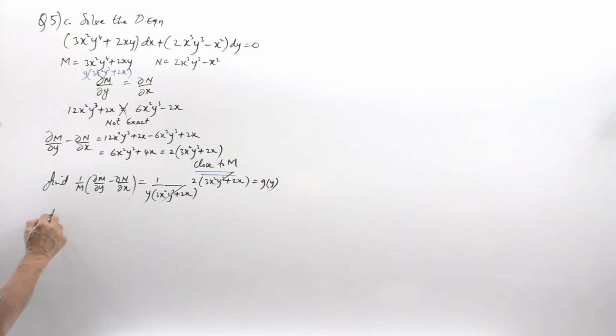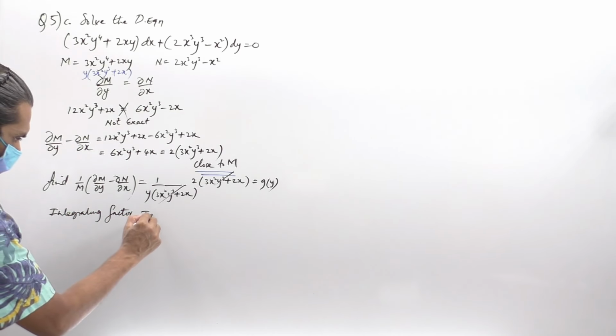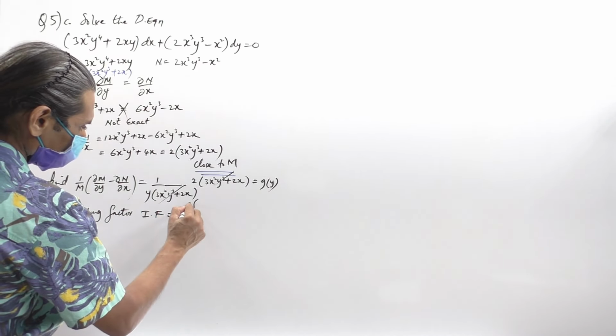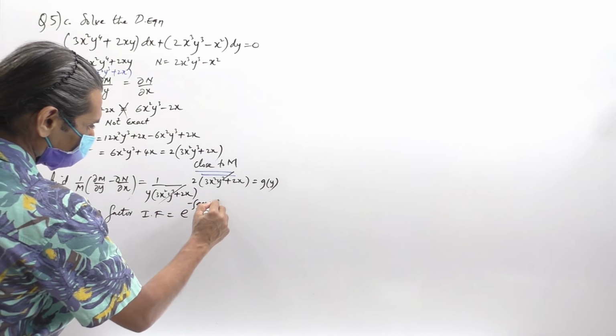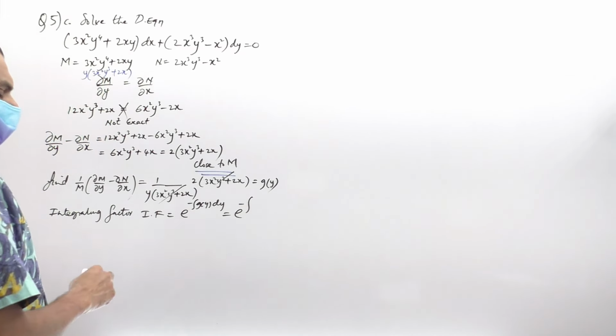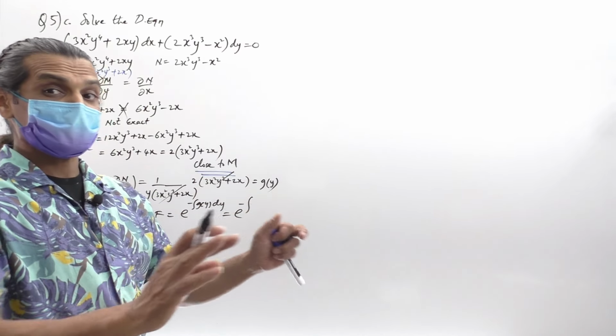That means here the integrating factor, IF, will be equal to e raised to minus integration of g of y dy. If it is close to N, we take the IF, that is integrating factor, as e raised to integration of f of x dx.